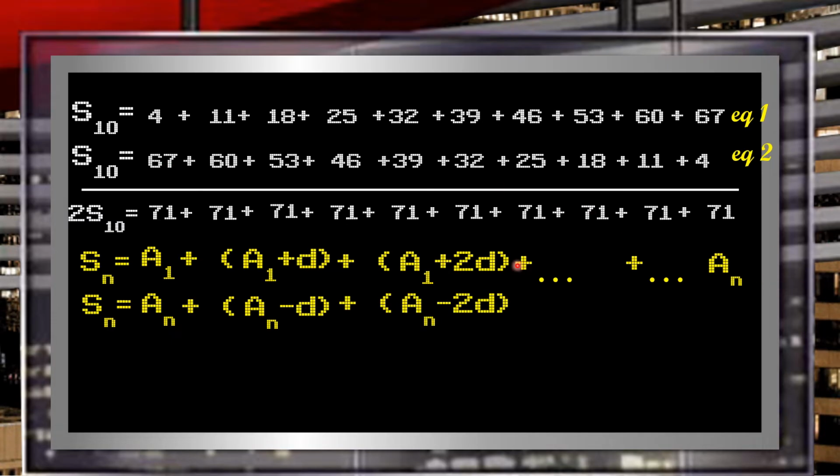Plus again, how about getting 46? 46 is our last term, a sub n, minus 7 minus 7 minus 7, or minus 3d. And so on, we continue with the same pattern until the very last, which is 4.